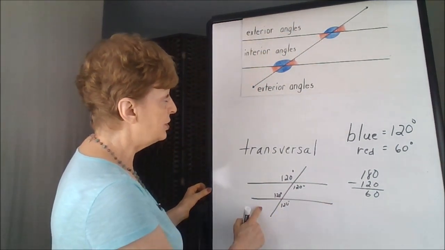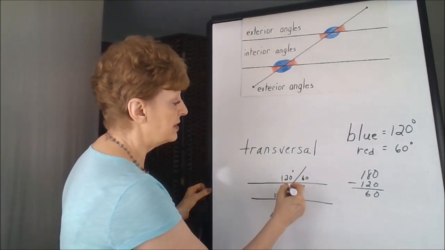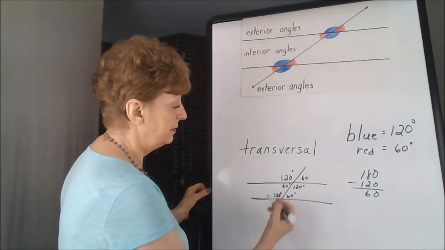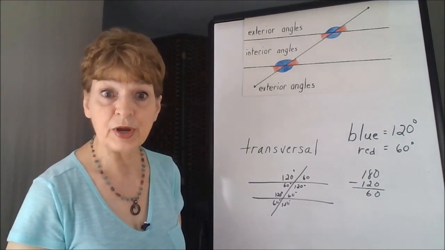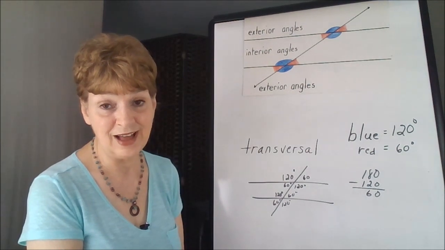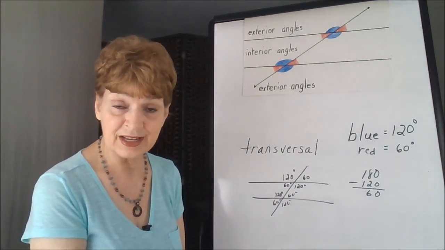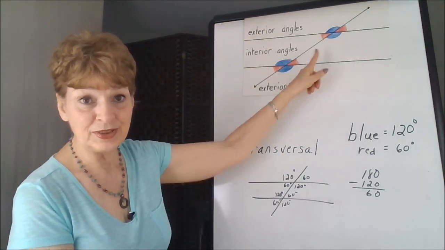So coming back to our drawing here, we would know that these were all 60 degrees. We only knew one piece of information, and we could figure out the rest. You'll use this information a lot because there are many, many test questions and homework questions that have to do with parallel lines cut with a transversal.